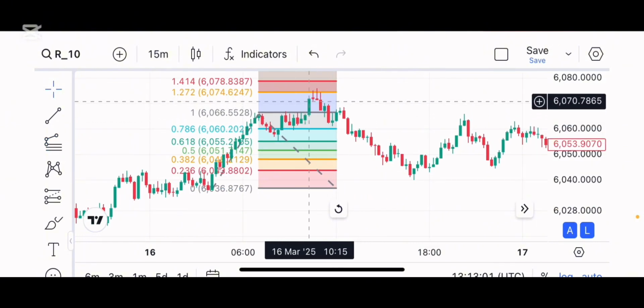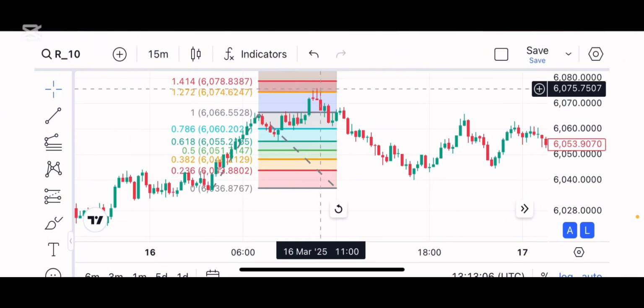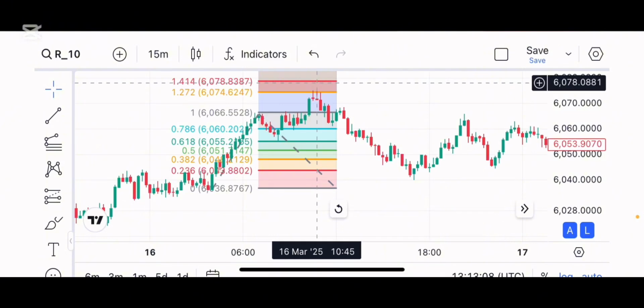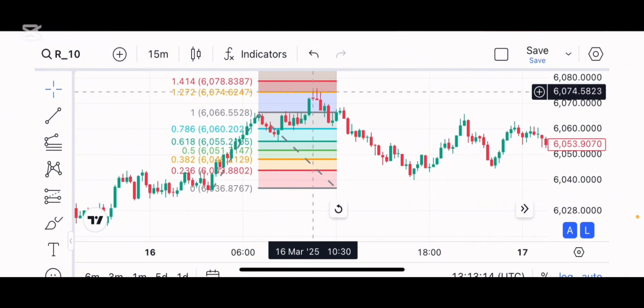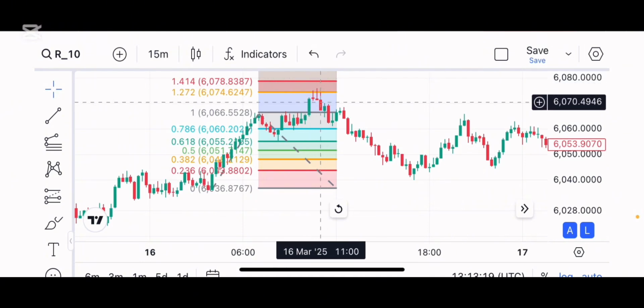We want this leg to touch the 1.272 Fibonacci but not go above the 1.414 Fibonacci. You can see we have a candle wick that just about pierced through the 1.272 Fibonacci, right? So this is a good enough leg.